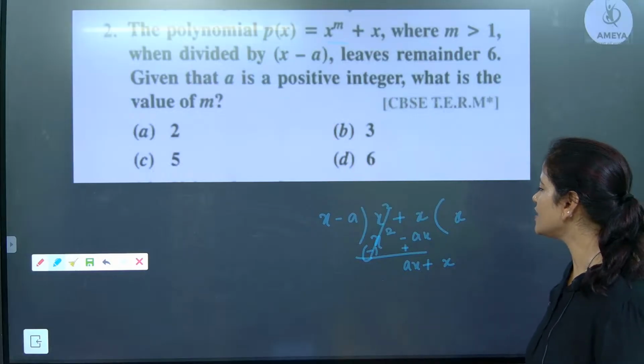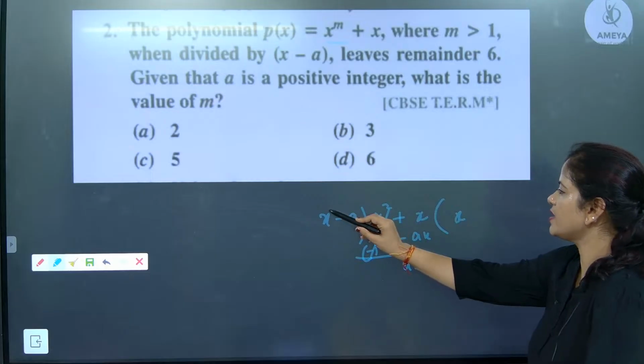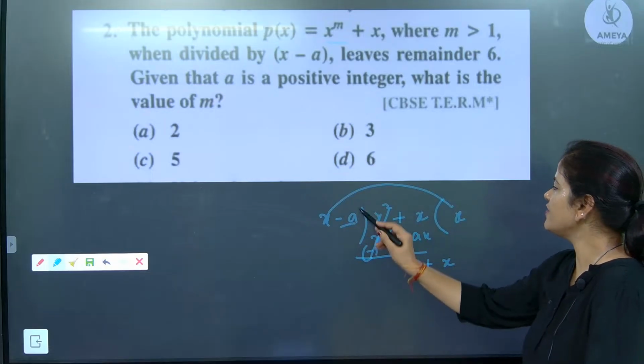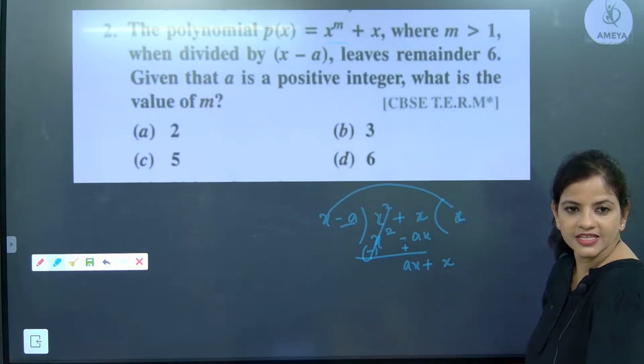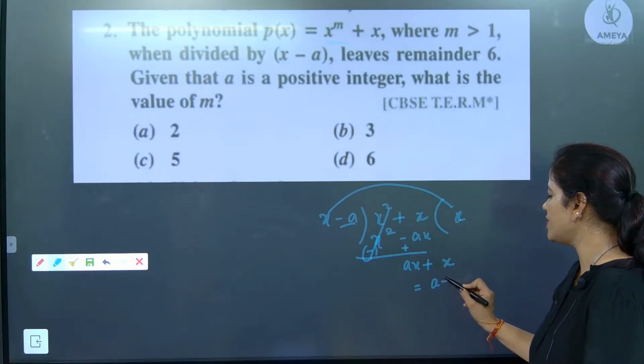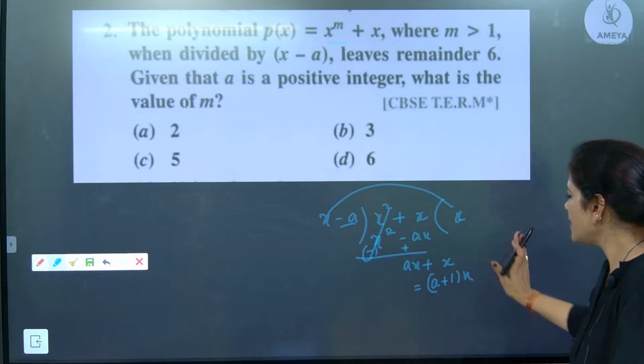Here a will be multiplied with x square. Now x multiplied with x becomes x square. Now minus a multiplied with x becomes minus ax. Down it will become plus, so it is coming as a plus 1 times x.